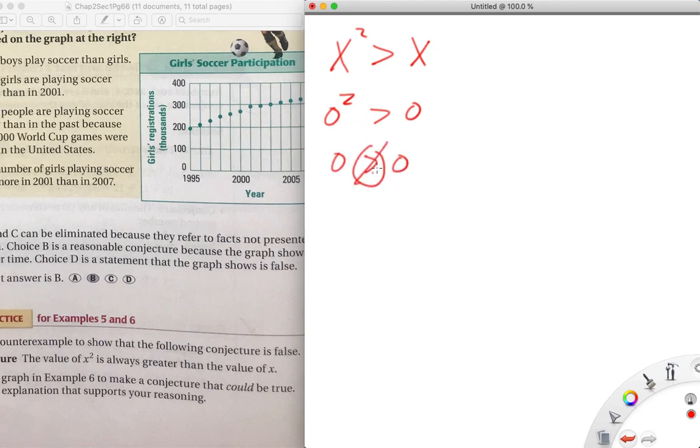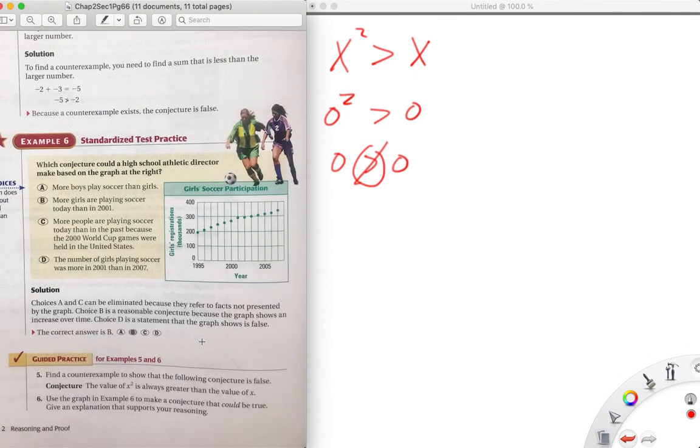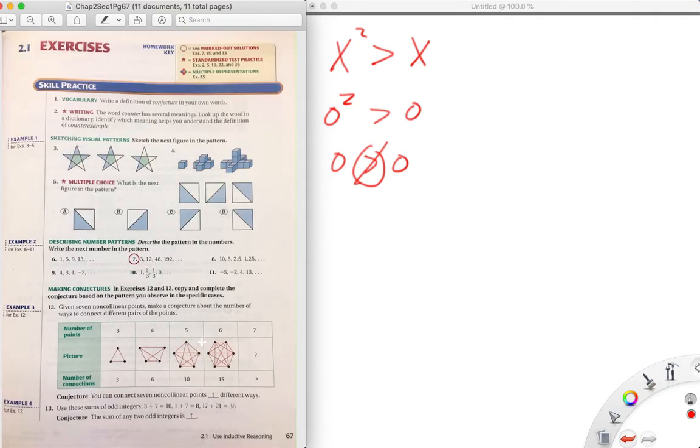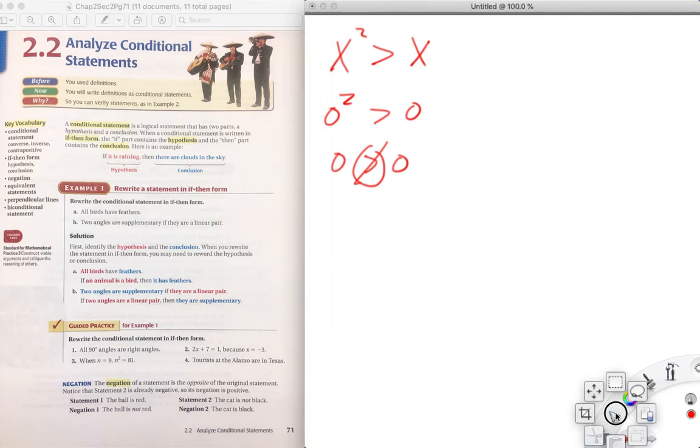So that doesn't work. We just found a counterexample. Alright, so that's that section: recognizing patterns, and then you'll be asked to find some type of counterexamples to various conjectures.